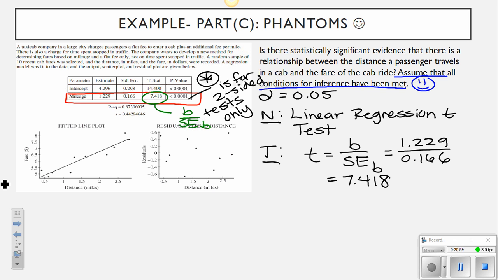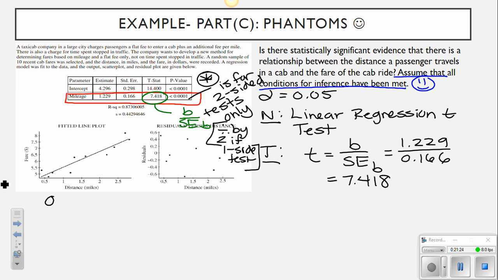Divide it by 2, because this represents a two-sided test, so this is double the probability. If you wanted to do a one-sided test, you would have to divide it by 2. Does that make sense? So let's make a note here: divide by 2 if it's a one-sided test.